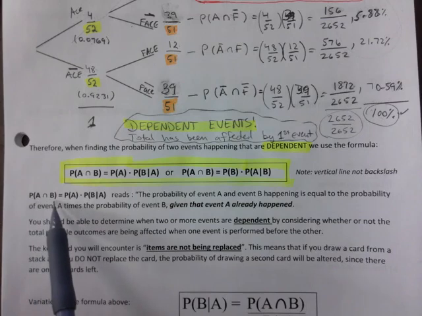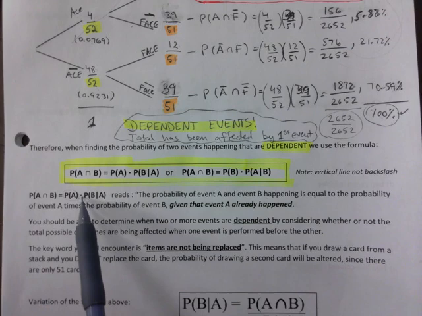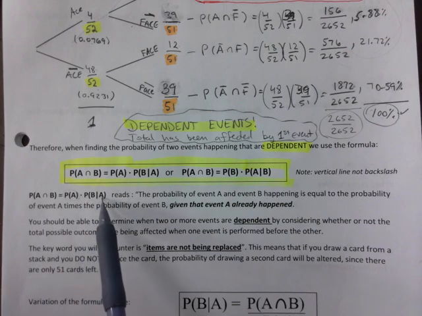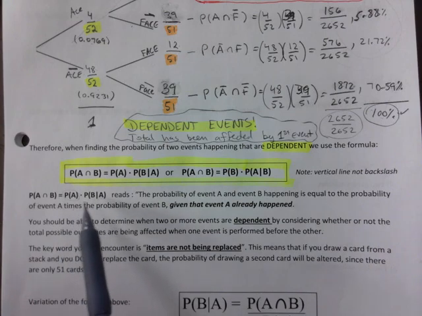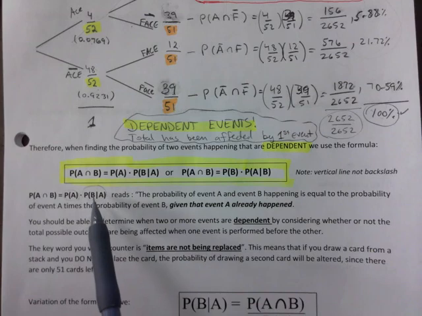Probability of A and B is going to be probability of A happening, times probability of B given that A has already happened. Nerdy mathematicians would read this... when I see this, it's telling me that the first event affects what B is going to be, that second event.